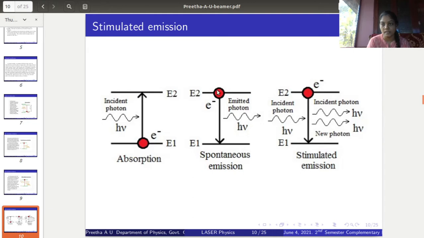It naturally tends to come to its ground level to reduce its energy and become stable. So its extra energy, that is E2 minus E1, is emitted back as h nu and it comes down to the ground state. This is known as spontaneous emission. And in the stimulated emission process, the excited atom is stimulated by an incident photon of energy h nu, which is equal to E2 minus E1, and it emits two photons, each of energy h nu. So those are the three processes.